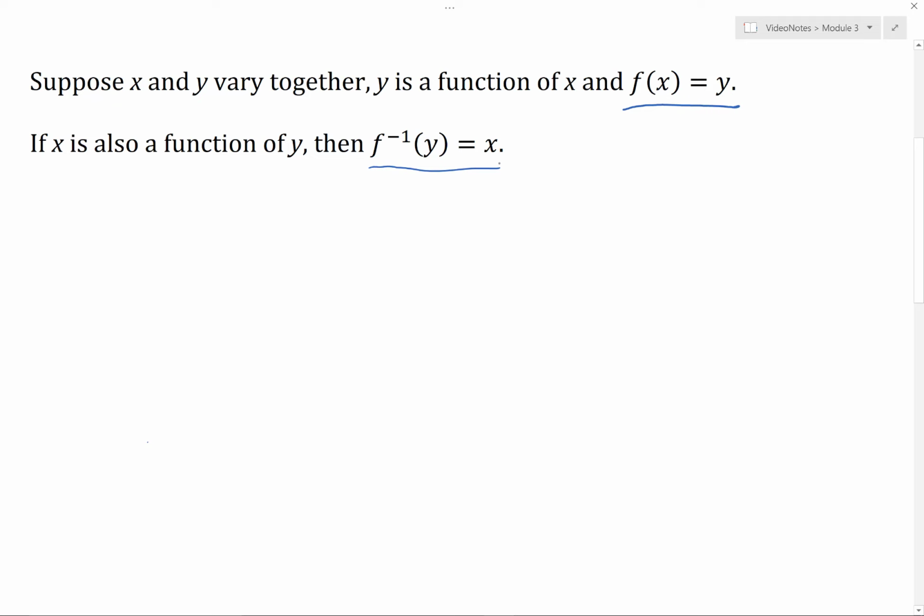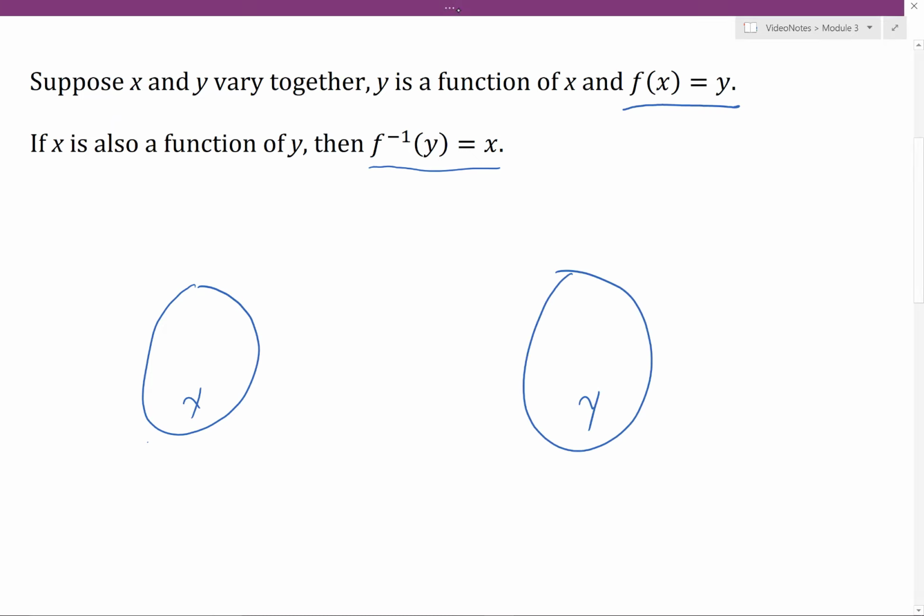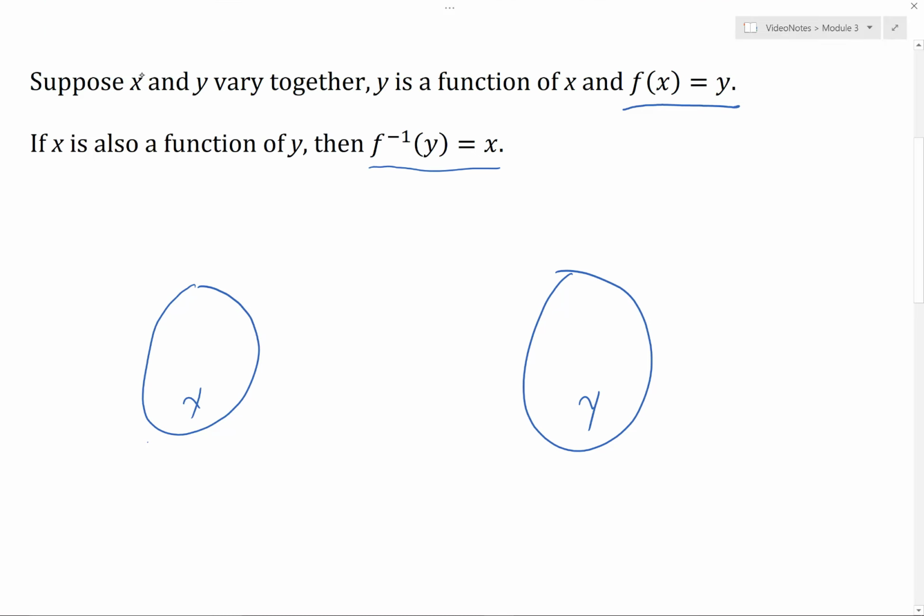There are many ways to think about and visualize this idea. Here are just a couple. Let's imagine we have all of the values of x over here, and the values of y over here. If we look at any specific value of x, we could have picked any one. If we take that value and input it into f, f will give us an output that's a value of y.